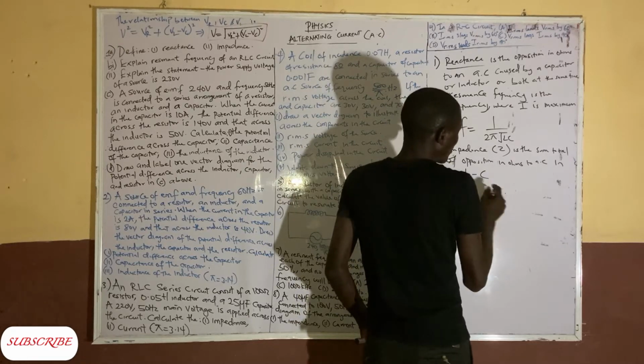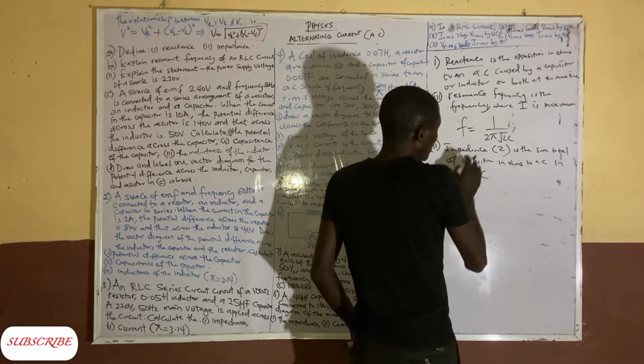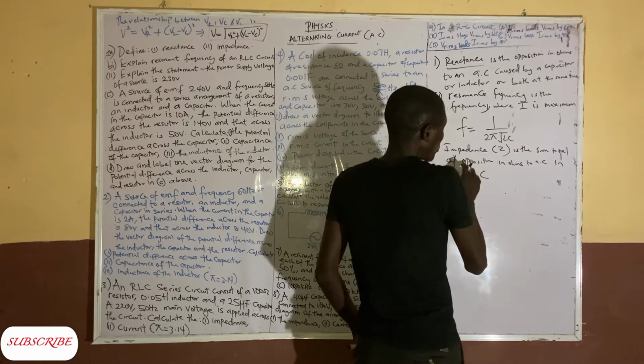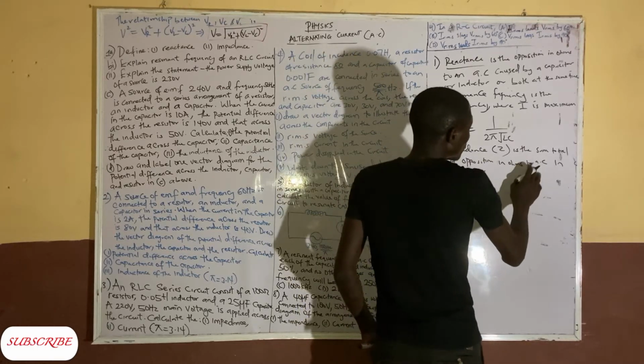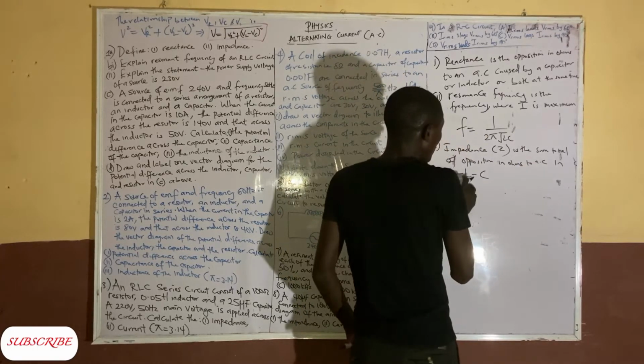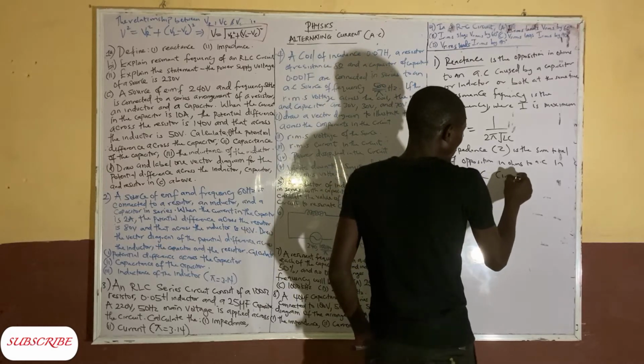That is, the sum total of opposition in ohms to AC current in an RLC circuit.